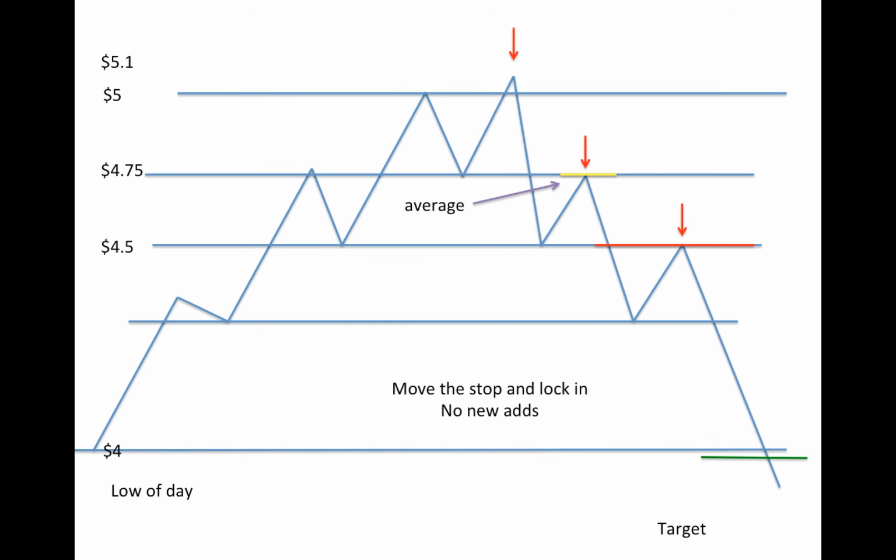So your average will be right here at 4.75. Now your stop is here. So basically, you've already locked in 25 cents per share, or you're gonna get the target at the low of day. All right. And that's the power of pyramiding.